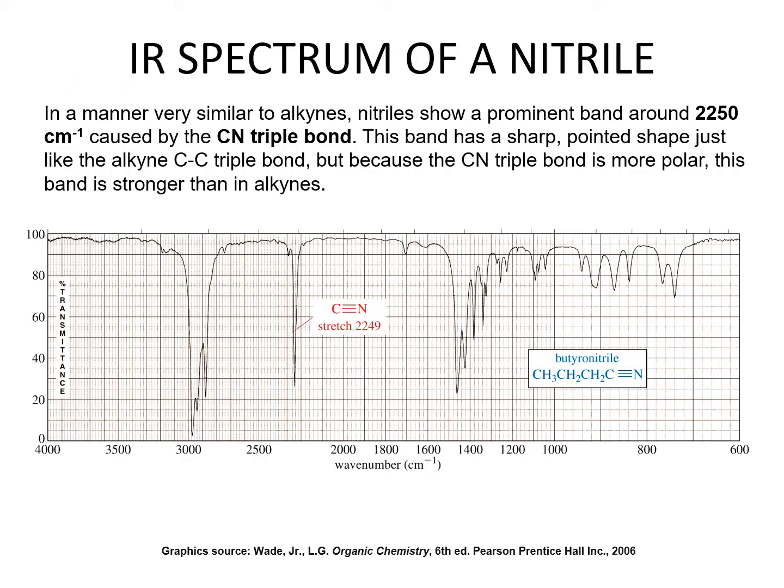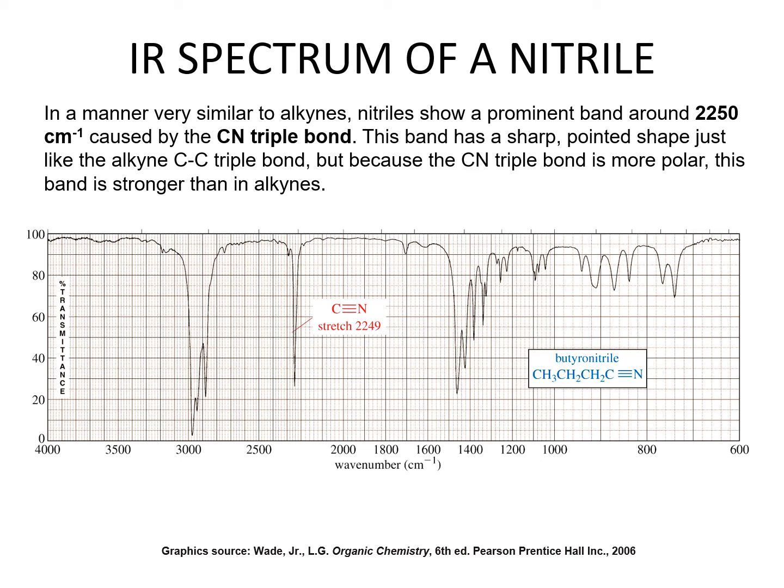Moving on now to IR of a nitrile. Nitriles are a carbon triple bonded to a nitrogen. So again, it's like what we do with the carbon-carbon triple bond, but this one's a little different because we do have polarity. Even though the triple bond itself is nonpolar, when you have two different electronegativities in the atoms associated with that triple bond, it becomes a polar bond. So it's very similar.